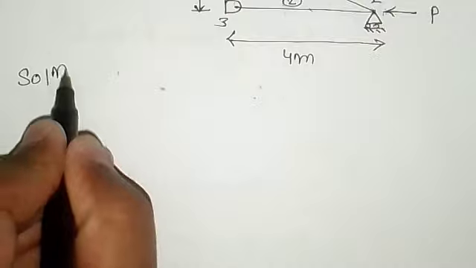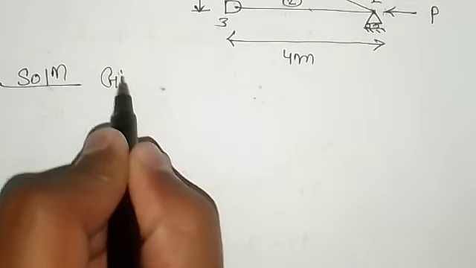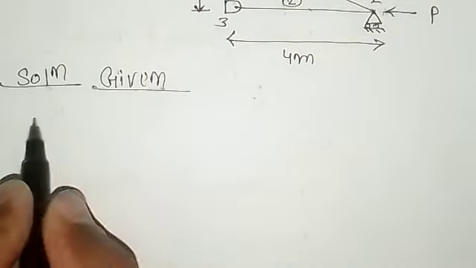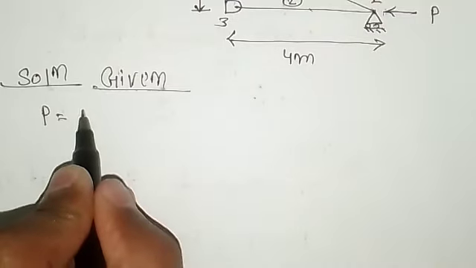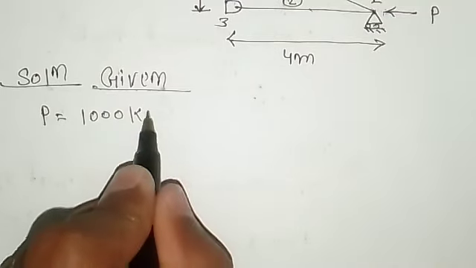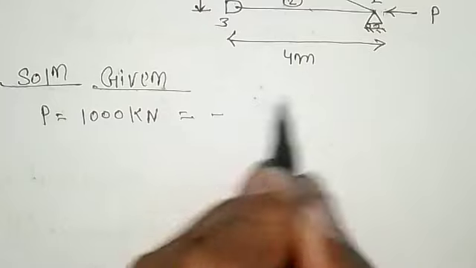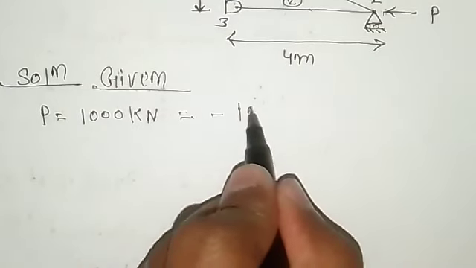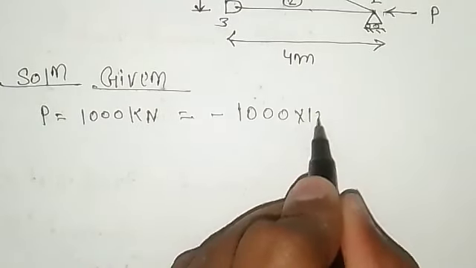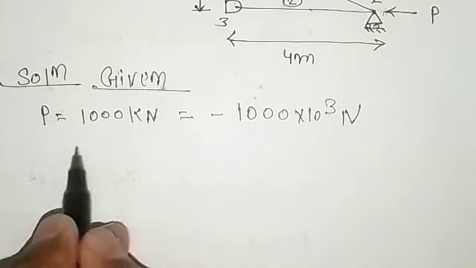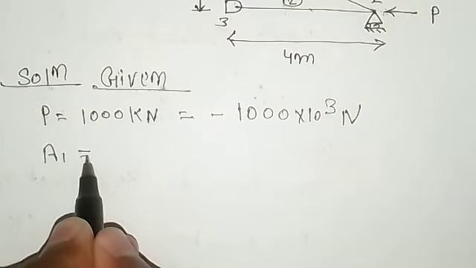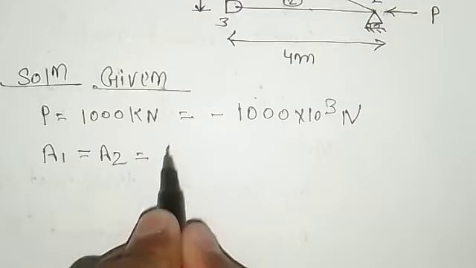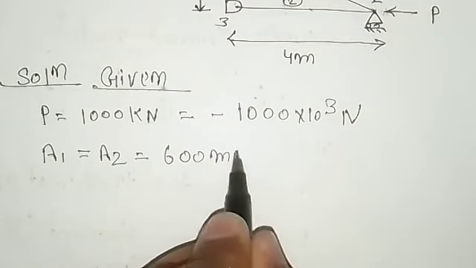Solution: given, the load is 1000 kilonewton at node 1. It is towards the left, so it will be minus; I'll take minus 1000 into 10 to the power of 3 Newton. Area of each member, that is A1 is equal to A2 is equal to 600 mm square.